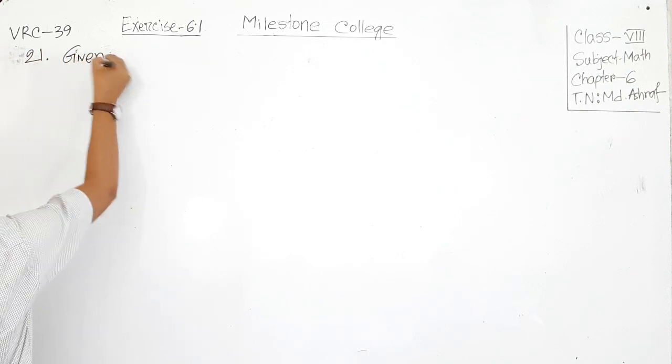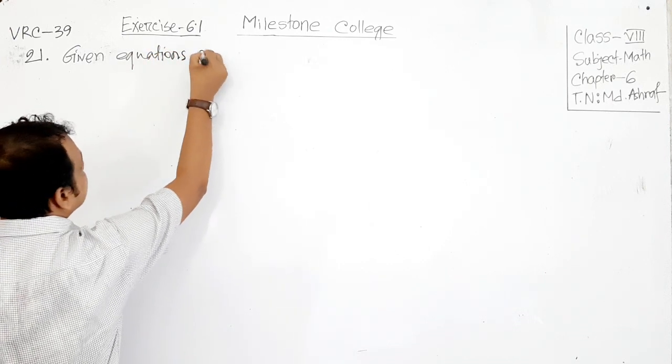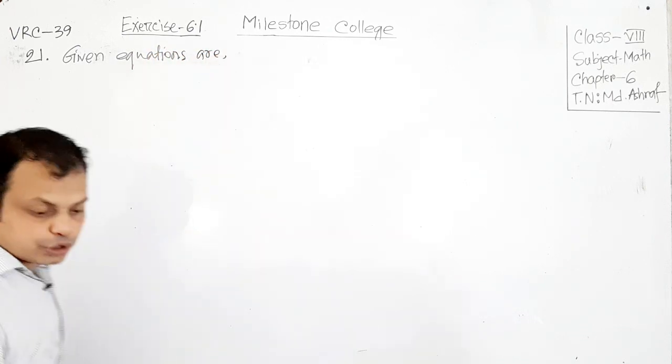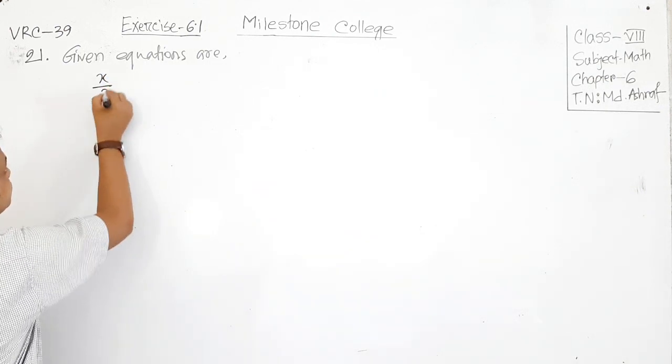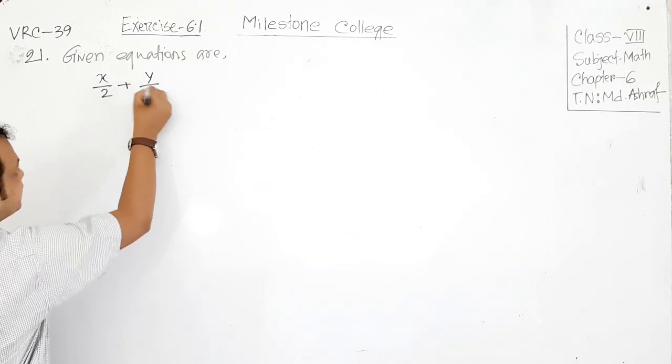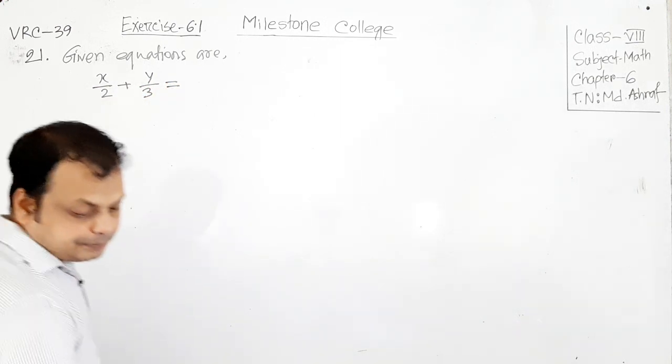Given, we can write the given equations are x by 2 plus y by 3 equals 3.